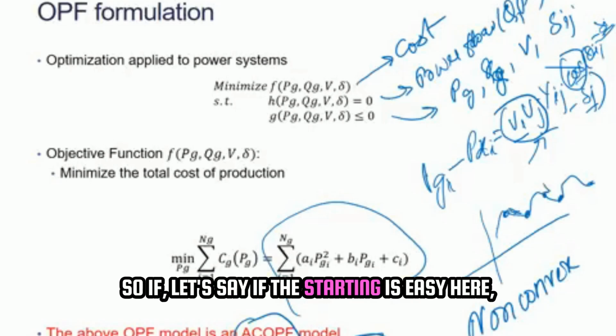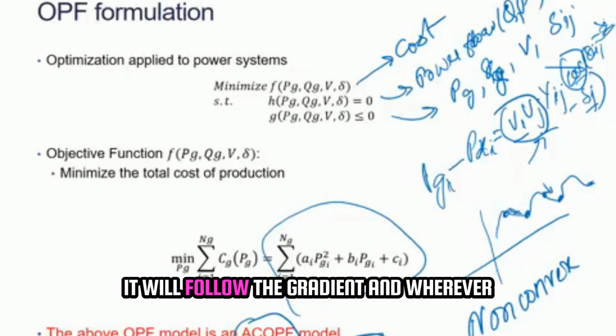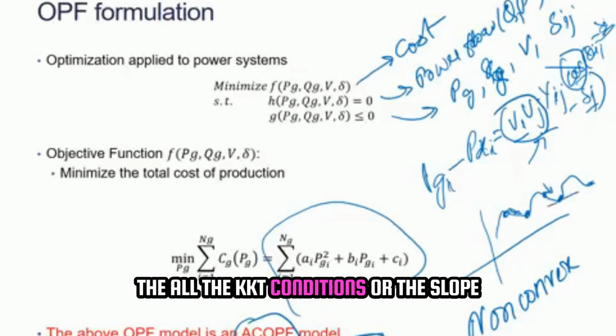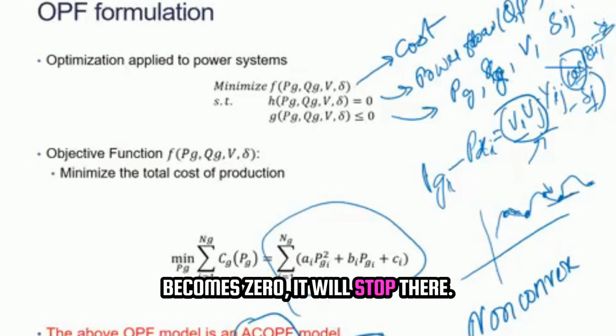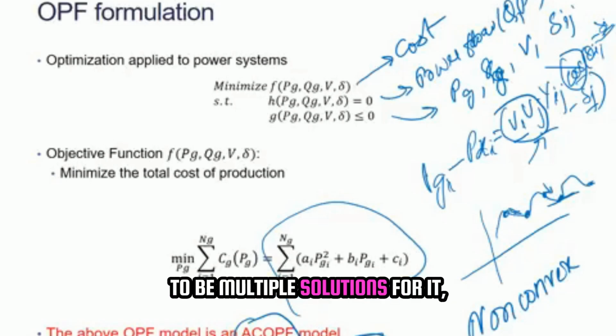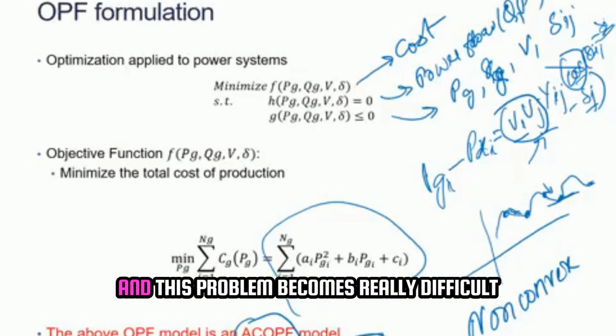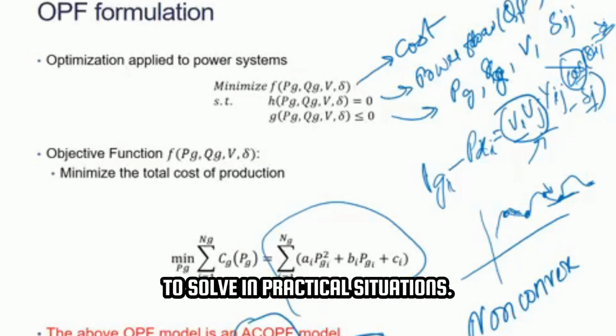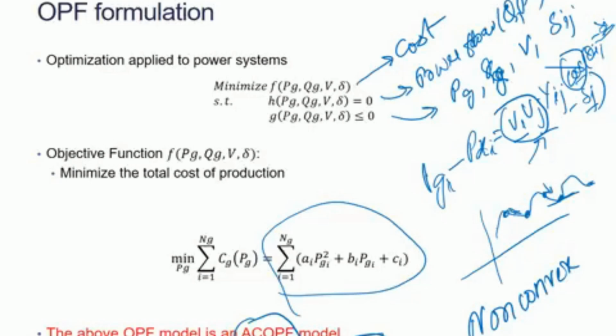So if the starting guess is here, it will follow the gradient, and wherever all the KKT conditions are met or the slope becomes 0, it will stop there. So you can see that there are going to be multiple solutions, and this problem becomes really difficult to solve in practical situations.